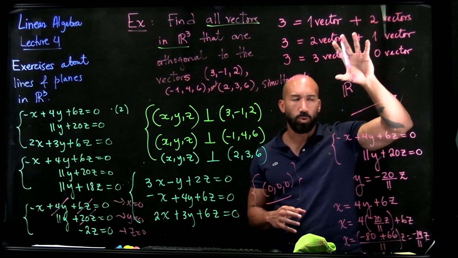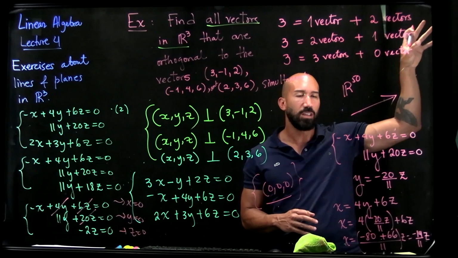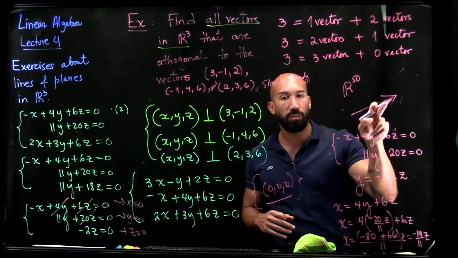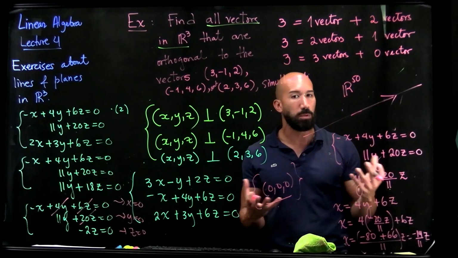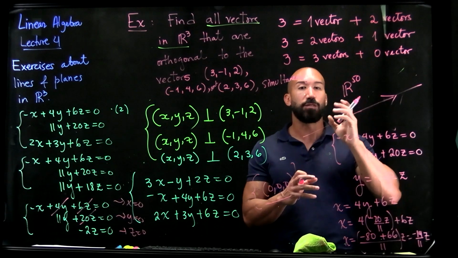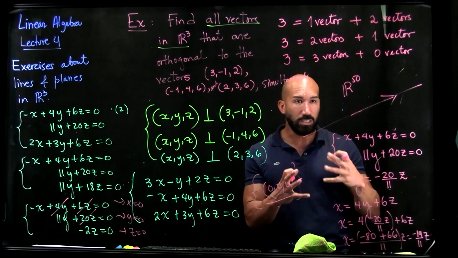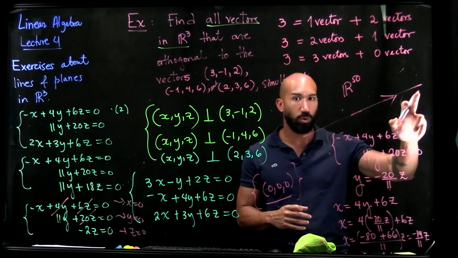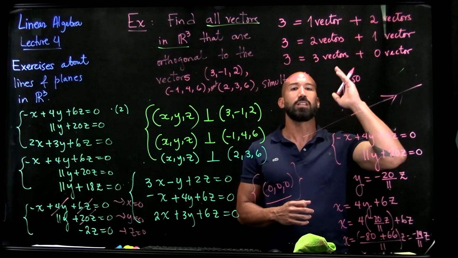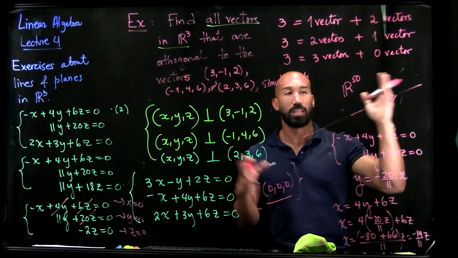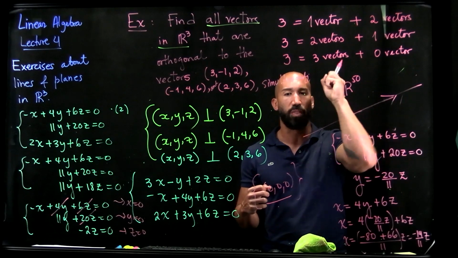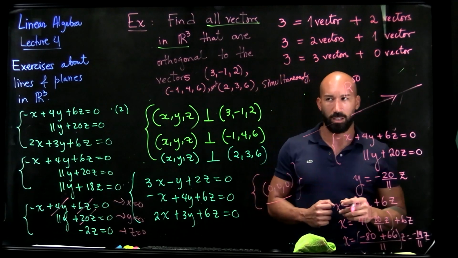Well, this rule is valid also in R50, and when we find all vectors that are orthogonal to the given one, I know that this one is going to be generating a line in R50. So the dimension of the linear object consisting of all vectors that are orthogonal to the given one, to this line if you prefer, the sum of the dimensions needs to be 50. So if this has dimension 1, the dimension of that orthogonal linear object is going to be 49. Is that okay?